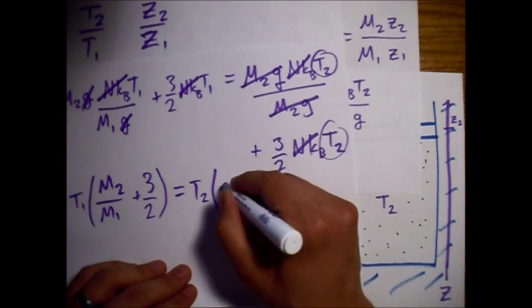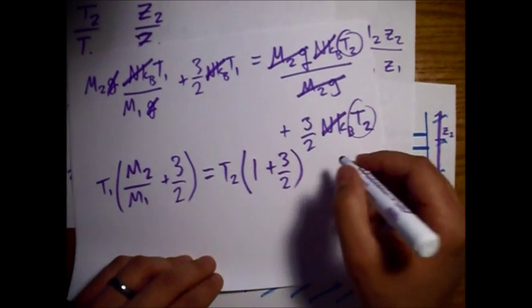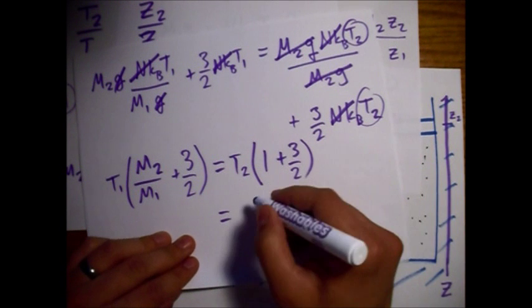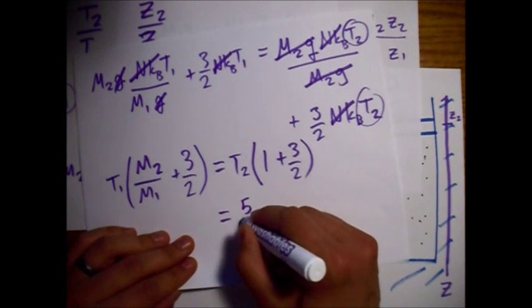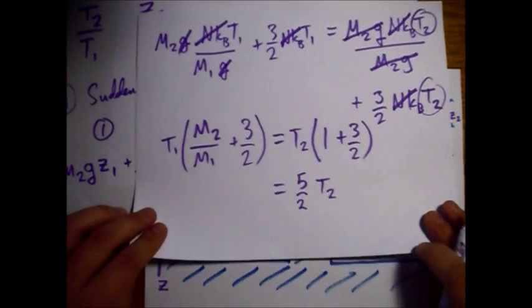So we have a 1 from up here plus a 3 halves. 1 plus 3 halves is 5 halves, so 5 halves T2.